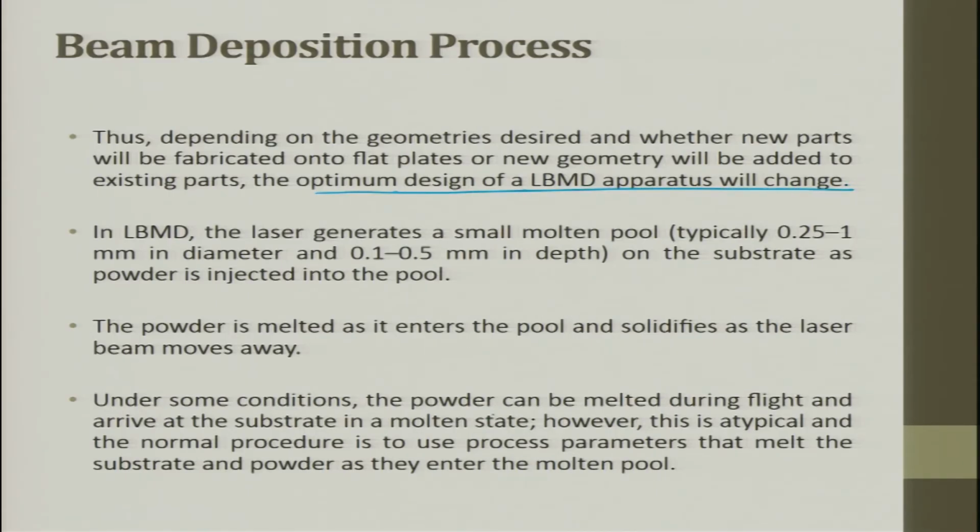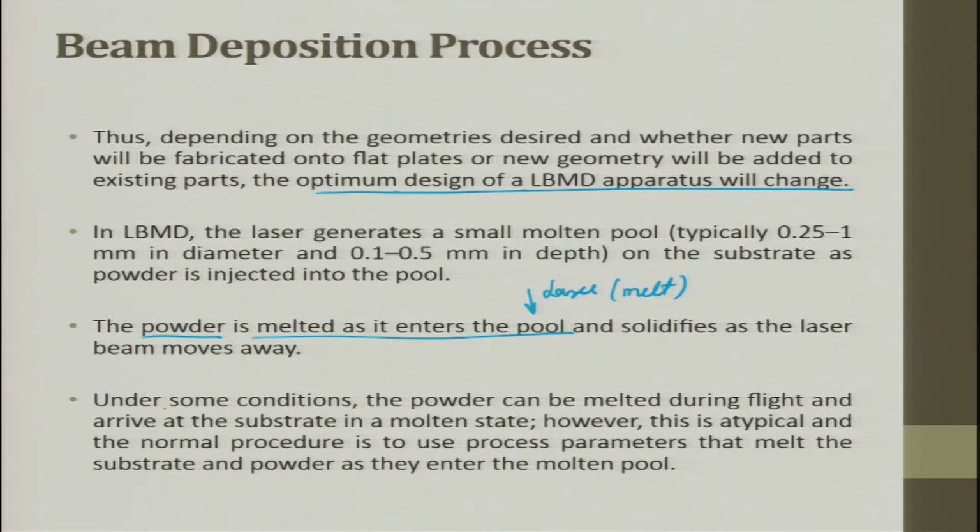In LBMD, the laser generates a small molten pool on the substrate as powder is injected into the pool. The powder is melted as it enters the pool. At the pool you will have a laser which is getting focused. What is the pool? The pool is a melt, and it solidifies almost instantaneously as the laser beam moves away.